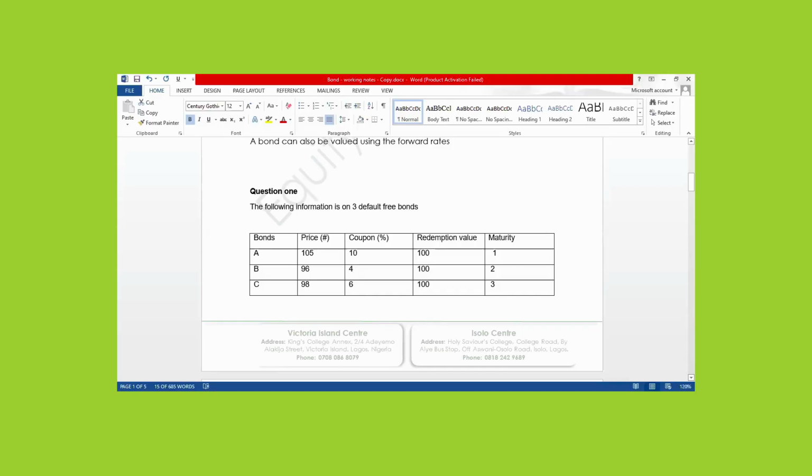Bond B: price 96, coupon 4%, redemption 100 naira, maturity 2 years. Bond C: price 98, coupon 6%, redemption value 100, maturity 3 years.